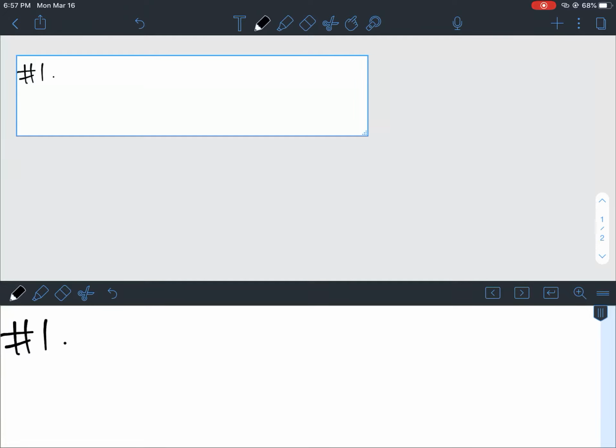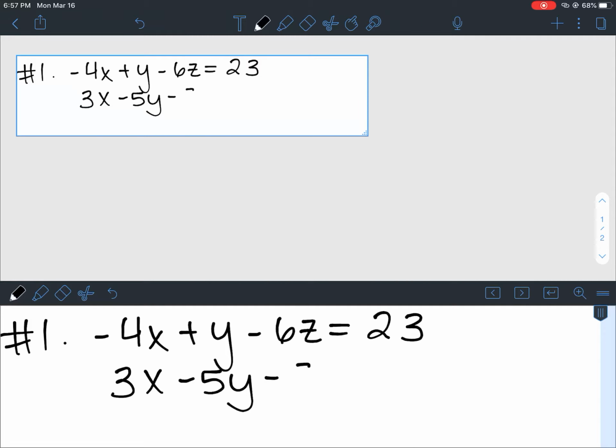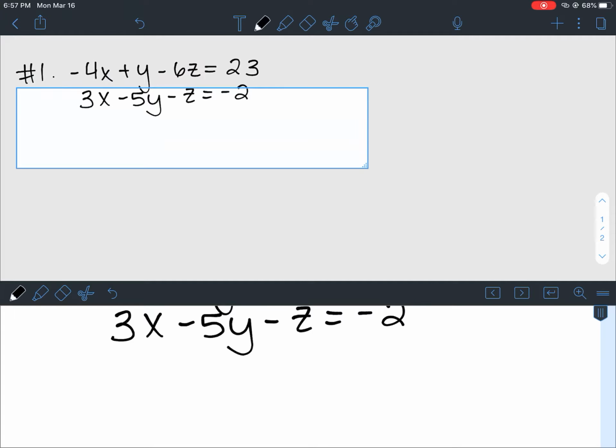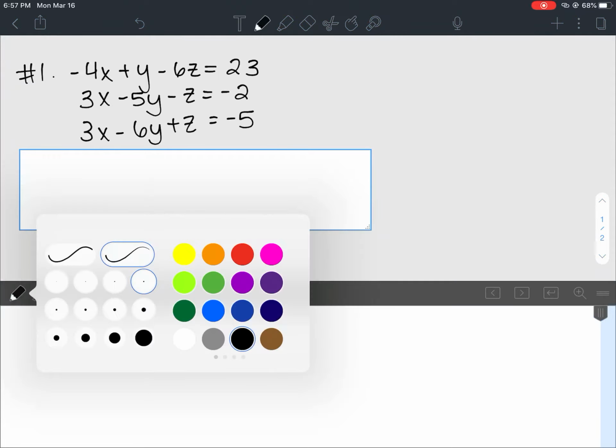That was number 1, and the problem was negative 4x plus y minus 6z equals 23, 3x minus 5y minus z equals negative 2, and 3x minus 6y plus z equals negative 5.